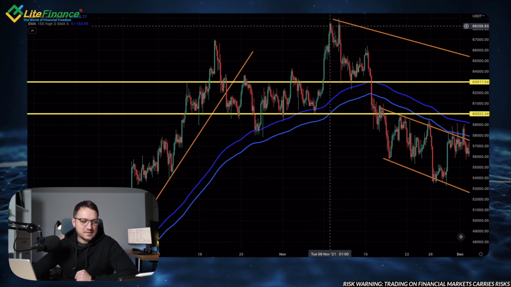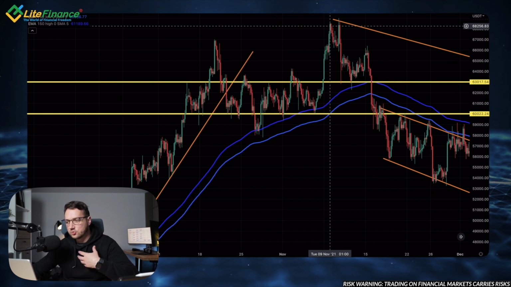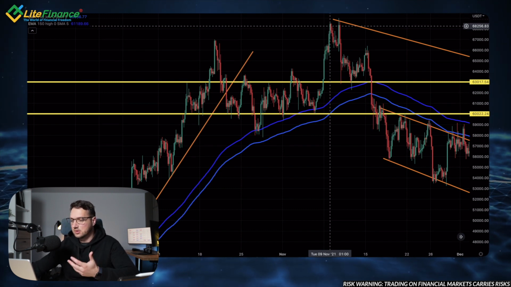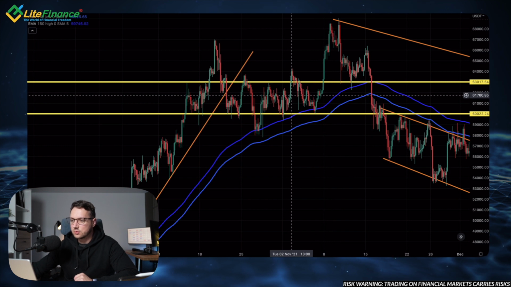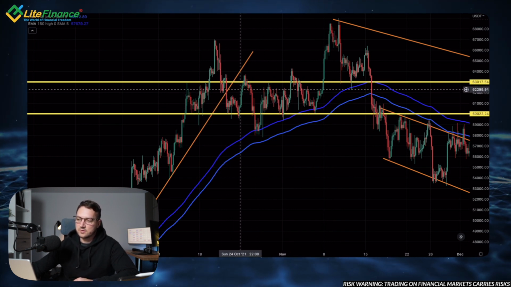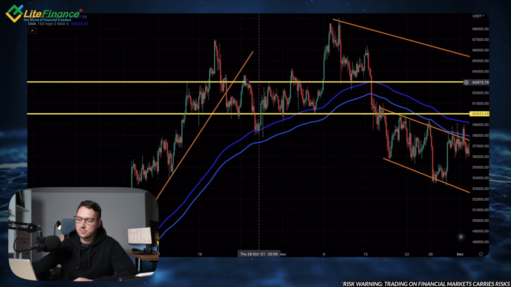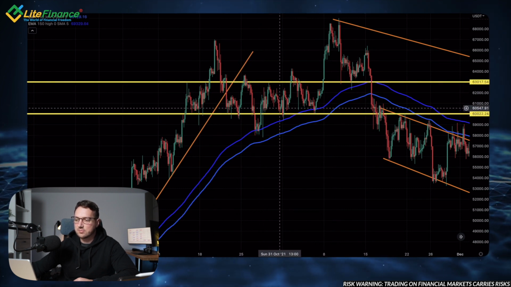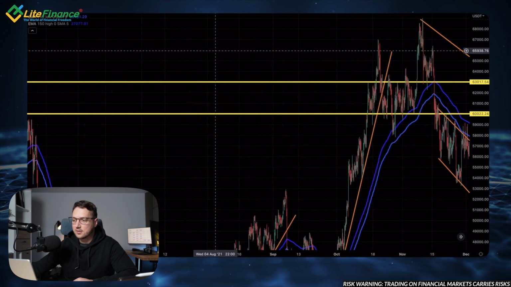So next thing that we need to pay attention to in such situations is if we are at a very strong support or very strong resistance level, very strong round numbers, and we made a new all-time high.